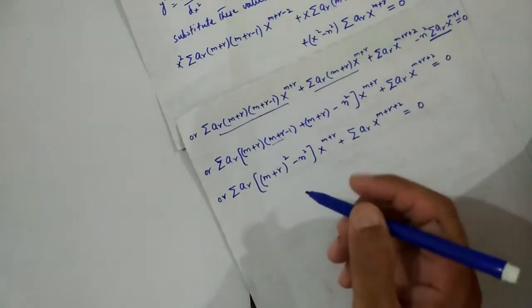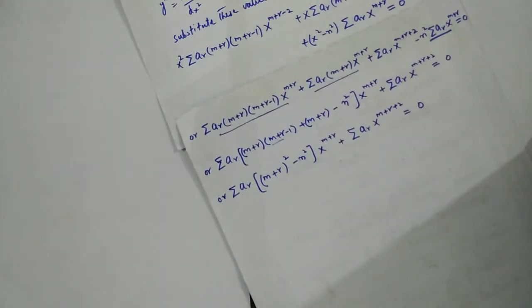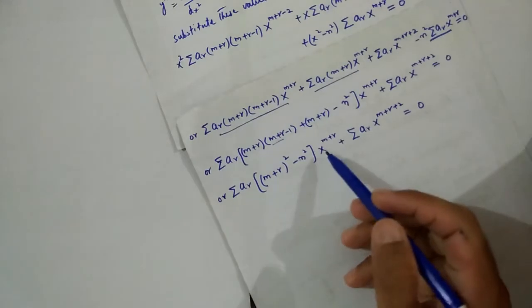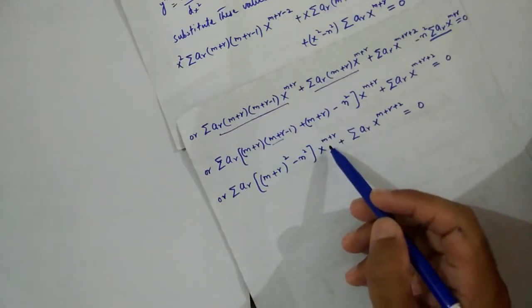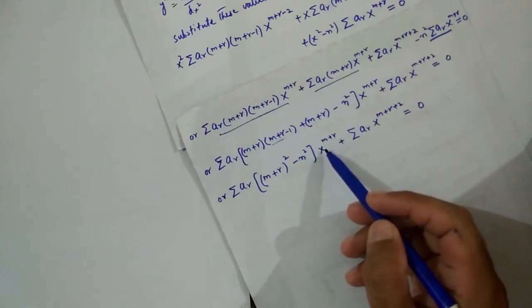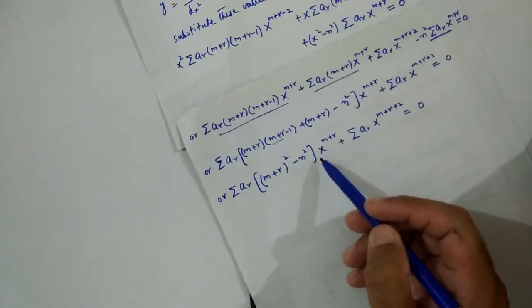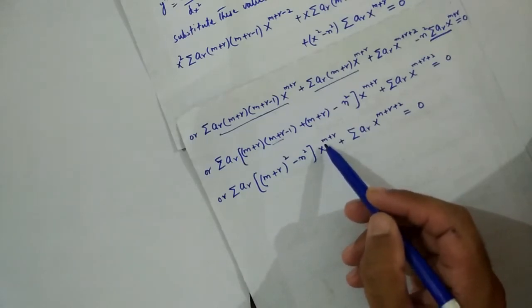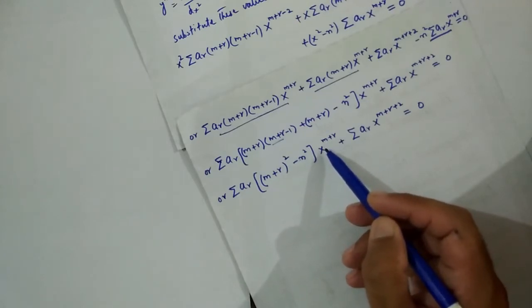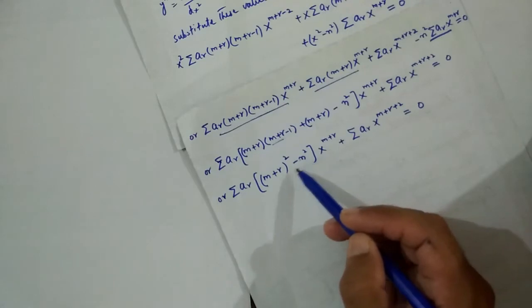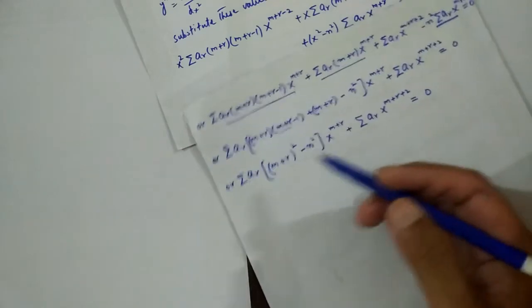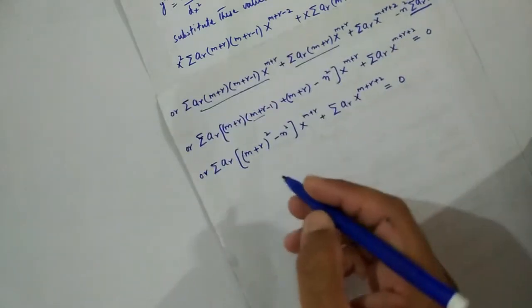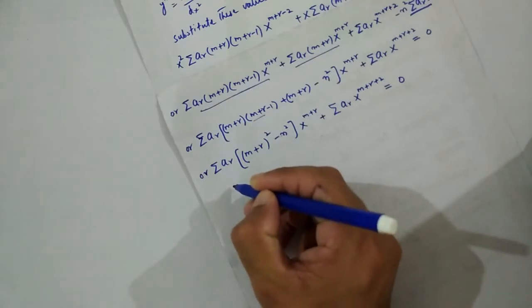Now in the first summation, if we put r equals to 0, we will get x to the power m, and then equating the coefficient of x to the power m to 0. Let me write it.